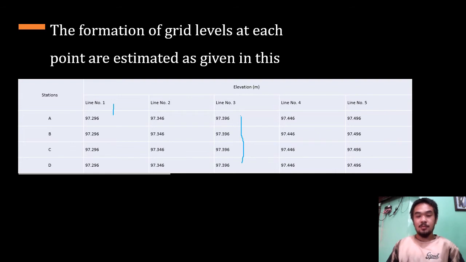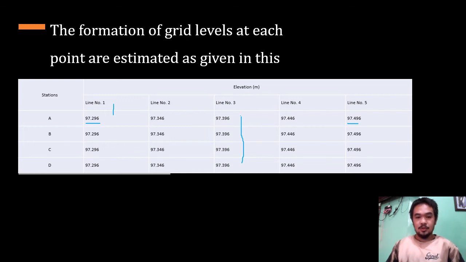So 97.396 minus 0.1 is 97.296, and above it is 97.496. We need to do this so that it has the desired slope for the water to flow.